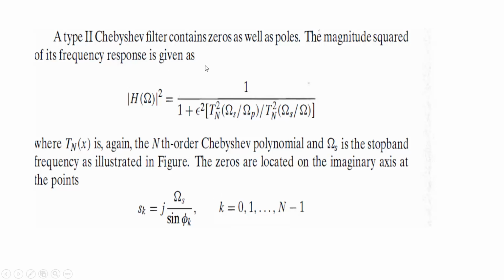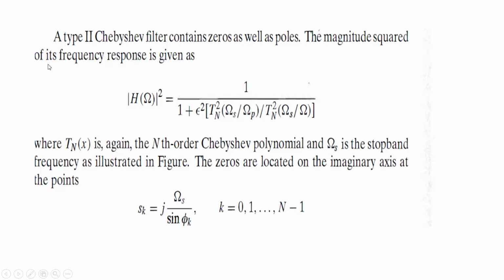These are not used very much in practical cases, but we will look at the expression of the squared magnitude response and we will see the locations of zeros, right? A type 2 Chebyshev filter contains zeros as well as poles.